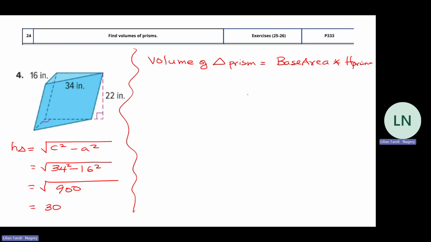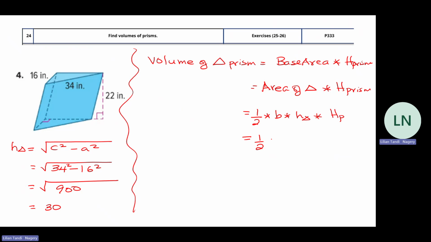Which equals area of triangle, because my base is a triangle, because this is a triangular prism. So area of triangle times the height of the prism. Area of triangle is given by half times base times height of the triangle, times height of the prism.